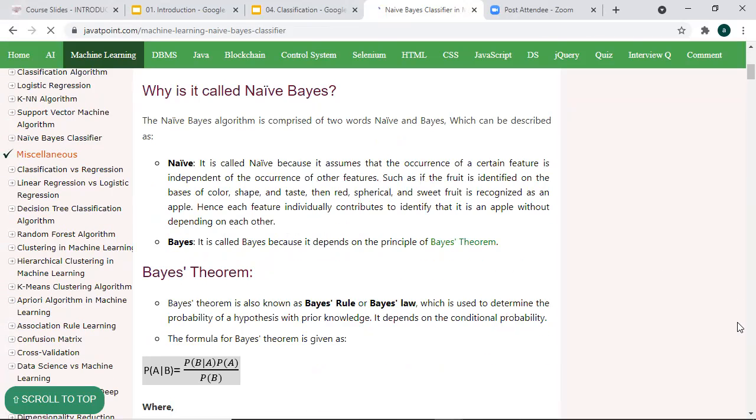NLP is natural language processing, usually used for searching language, like Alexa, Google Siri, Google Voice Search, Amazon Alexa. They work on Naive Bayes, and they work on deep learning algorithms. So I will explain this to you tomorrow.